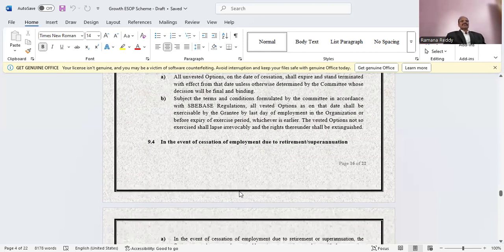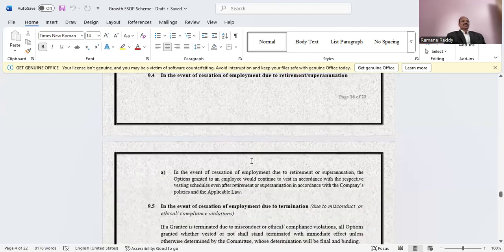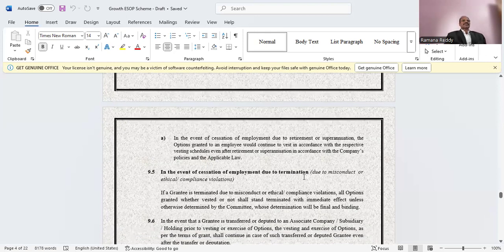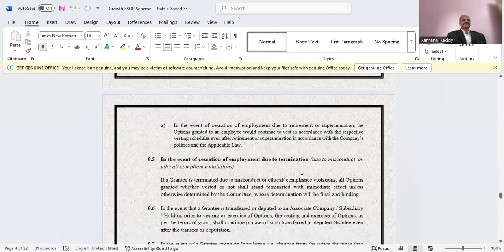So in the event of cessation of employment due to retirement or superannuation, the options granted to the employee will continue to vest in accordance with the respective vesting schedule even after the retirement or superannuation, in accordance with the company's policies and applicable law.